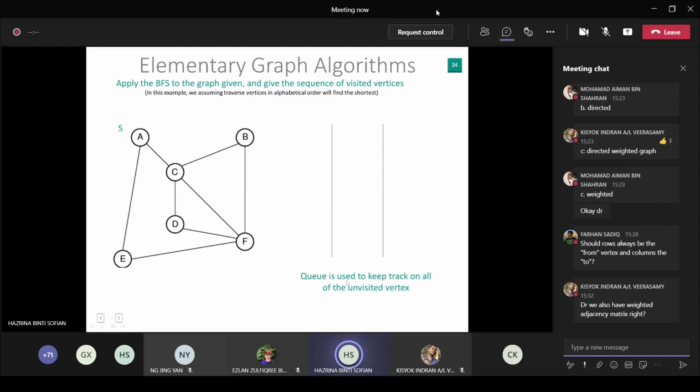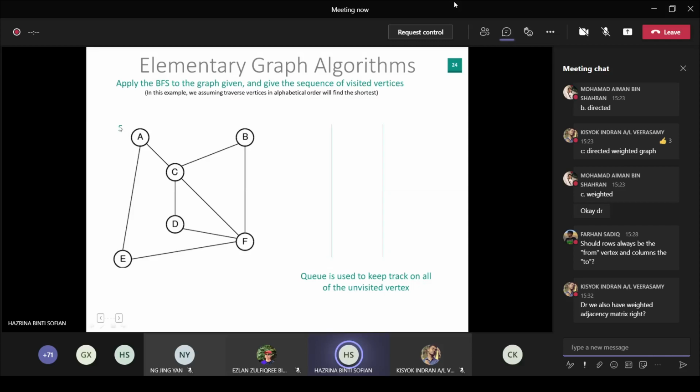So this is Q, used to keep track of all the unvisited vertices using BFS. Apply BFS to the given graph and give the sequence of visited vertices. So it starts with S. In some questions, if it does not state anything, of course you can start with 1 or A. But sometimes if it's just talking about the countries, and it's not stated in the question, you can start anywhere.